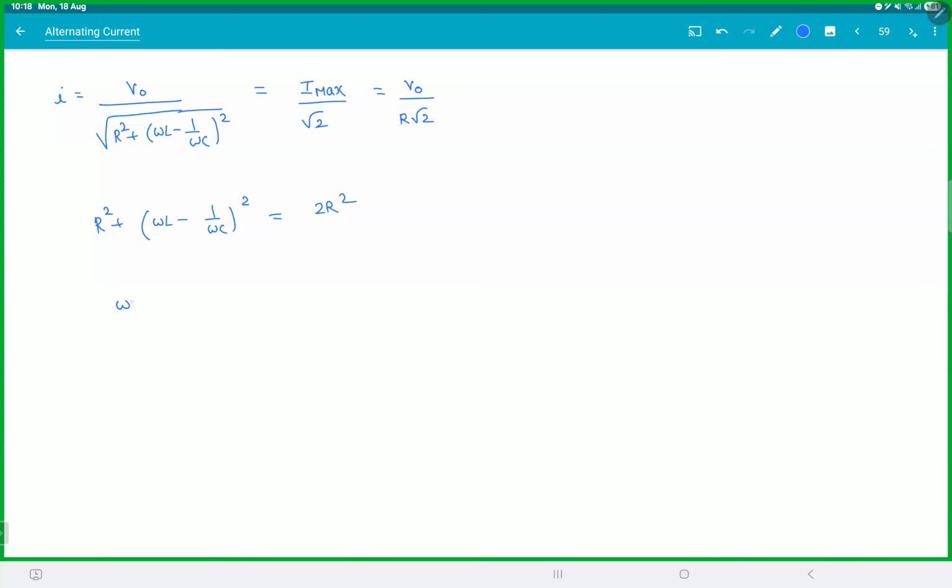Simplify this: omega L minus 1 by omega C is equal to plus or minus R. This will be omega square LC plus or minus R omega C minus 1 is equal to 0.